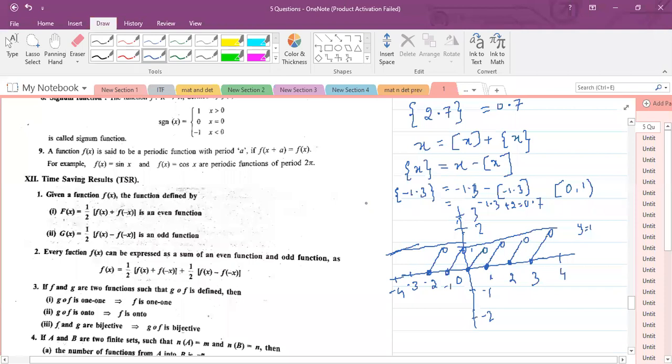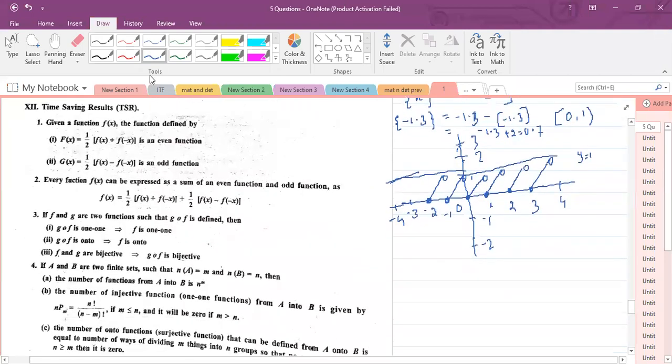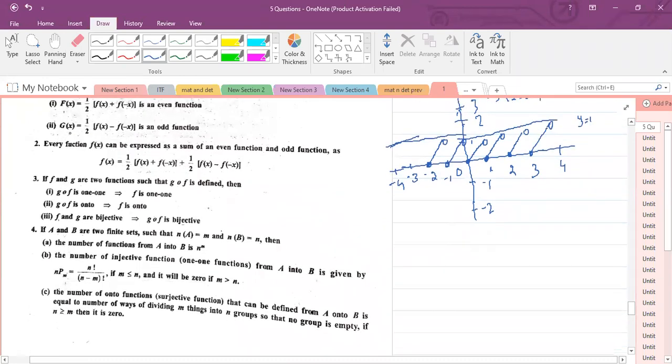Okay, so now, given a function f of x, if 1 by 2 into f of x plus f of minus x is an even function, then 1 by 2 into f of x minus f of minus x will be an odd function. Therefore, every function can be expressed as f of x is equal to 1 by 2 into f of x plus f of minus x plus 1 by 2 into f of x minus f of minus x.